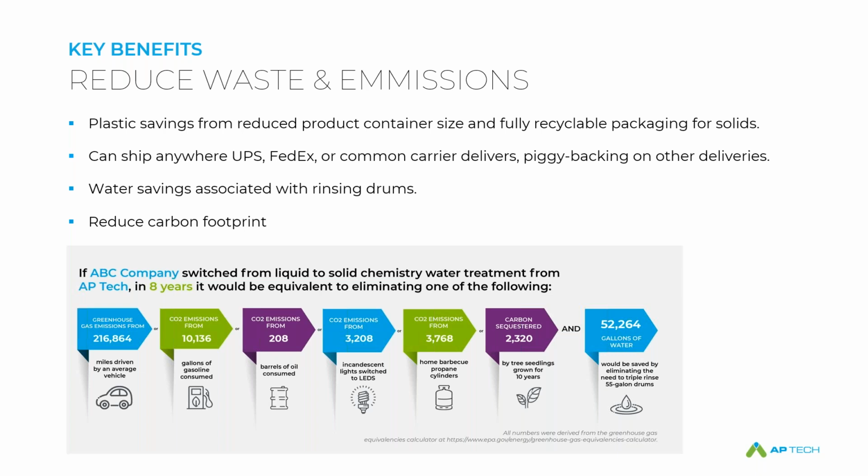UPS, FedEx, so piggybacking on items that are already going into a facility through common carrier or these type of logistical services has benefits in reducing emissions and waste. The water savings, we're not rinsing out packaging to then further recycle or dispose of. Everything is broken down immediately and put into the recycling aspects.